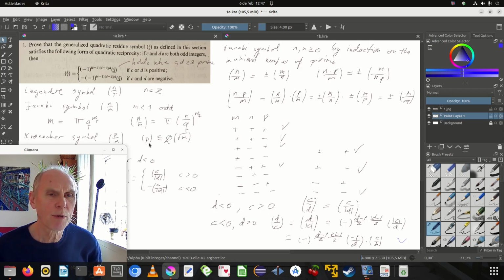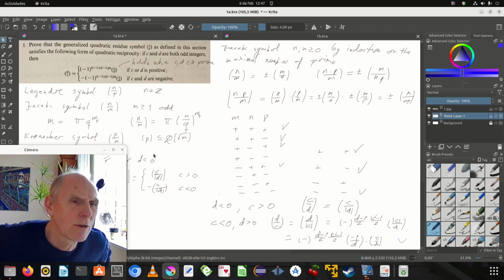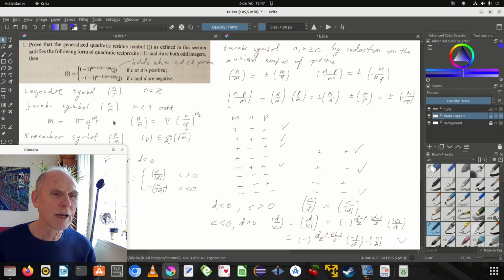It solves the problem of how a rational prime ideal splits in a quadratic extension of the rational numbers. So if it's naught, then p ramifies. If it's plus 1, it splits, and if it's minus 1, it's inert. So that solves the Kronecker symbol. I didn't know that. I know the Jacobi symbol, not the Kronecker. That was a generalization I'd missed.